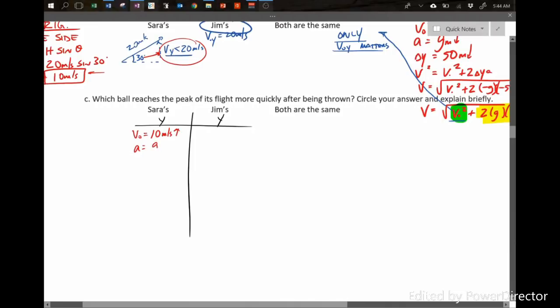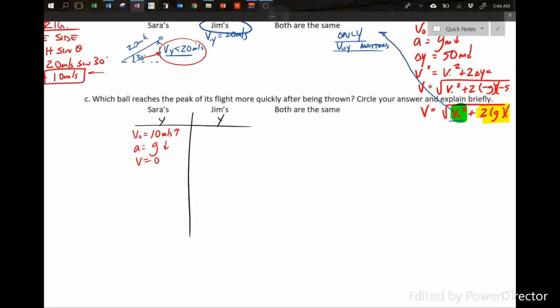So we're just going to call it g on the moon. It's 1/6 of what we have. Doesn't matter what that is. And then at the very top, the final velocity is 0. We'll talk about the equation in a second.